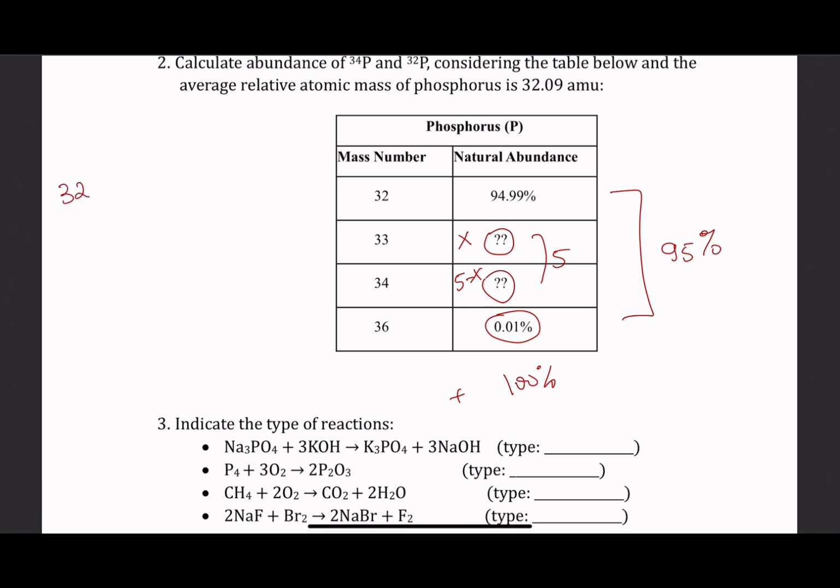So 32 multiplied by 94.99, plus 33x, plus 34 times (5 minus x), and then plus 36 times 0.01, and divide everything by 100 and make it equal to 32.09, and then solve for x, which will give you the final answer.